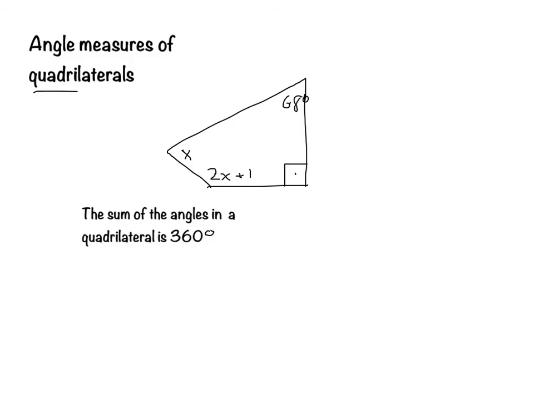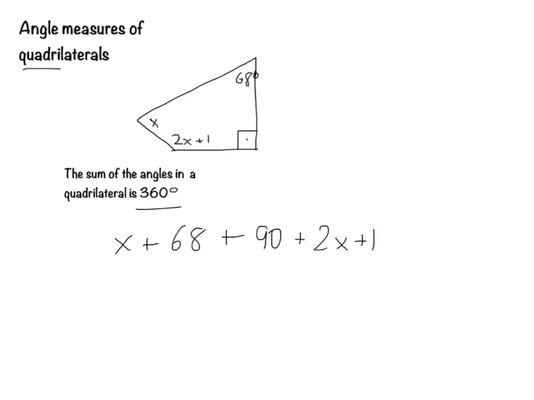Well, we know they all have to add up to 360. So I would start with x, add that to 68, add that to 90 degrees, and then add that to 2x plus 1. And that all has to add up to 360 degrees.